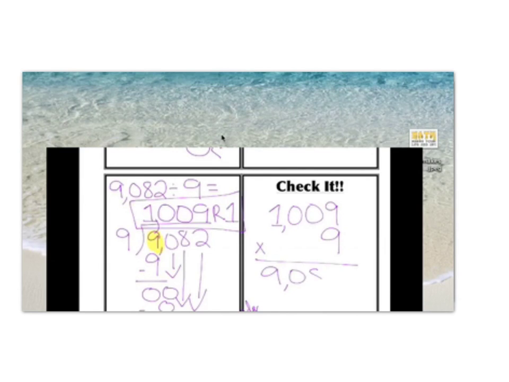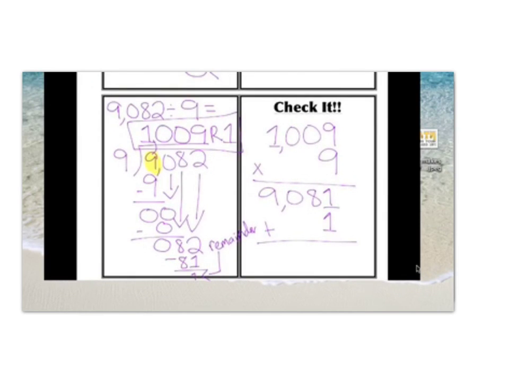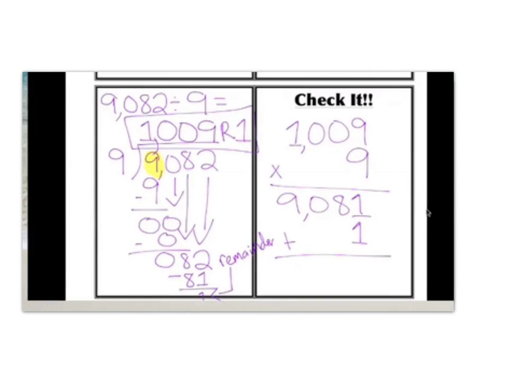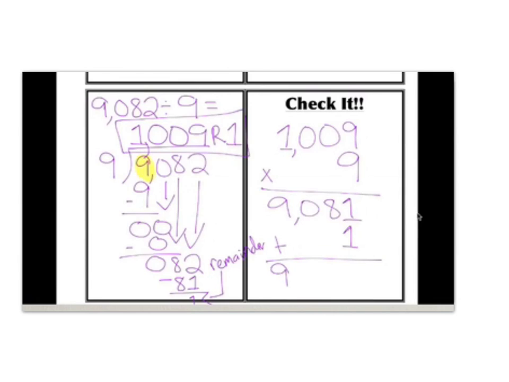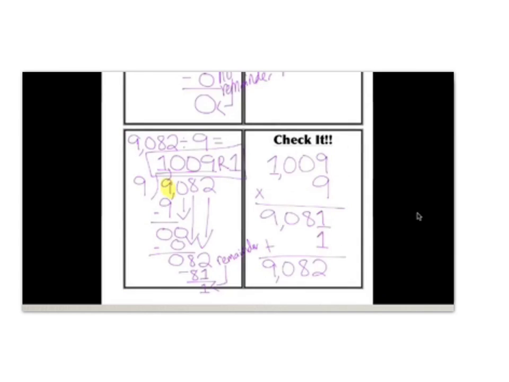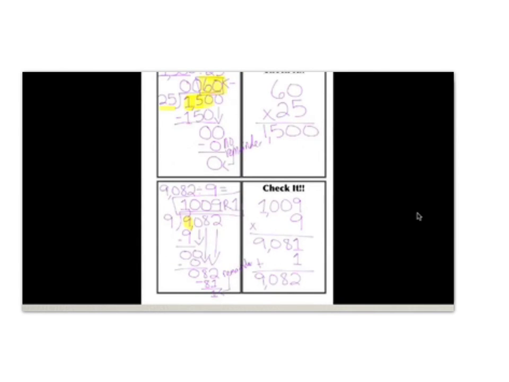And then our last step when we're checking is we have to add our remainder to our answer. So we're going to take 9,081 and add 1 to it, which gives us 9,082. And since this is our original dividend that we started with over here, 9,082. We know that we did the problem correctly.